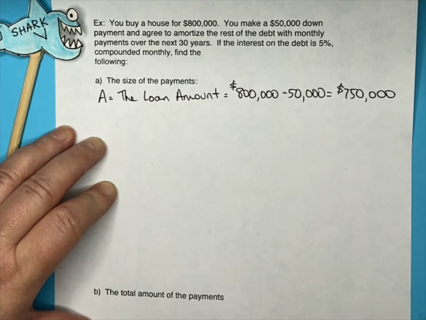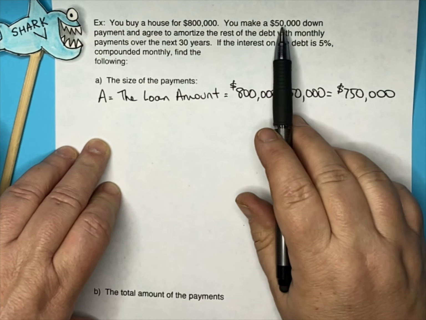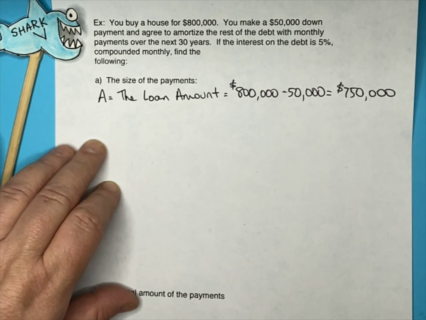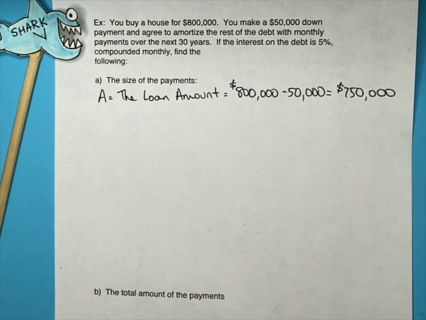The good news is that the down payment is going to save us a lot of interest. The bad news is that it's not easy to come up with a down payment, but congratulations, we managed it. So we're going to get a loan for $750,000.